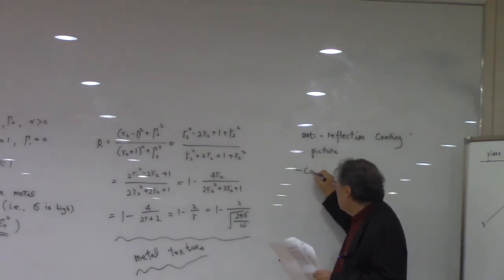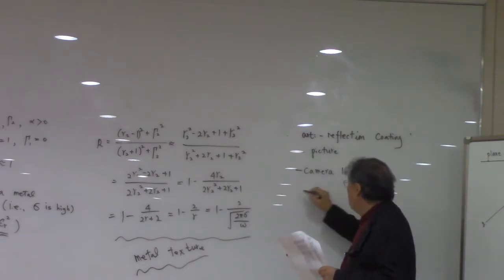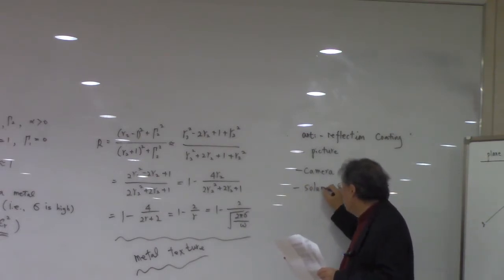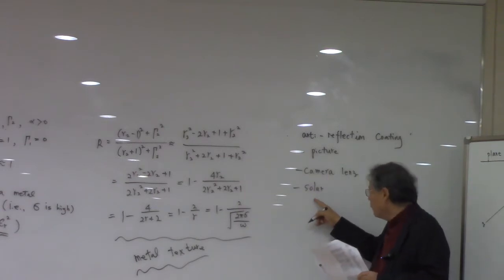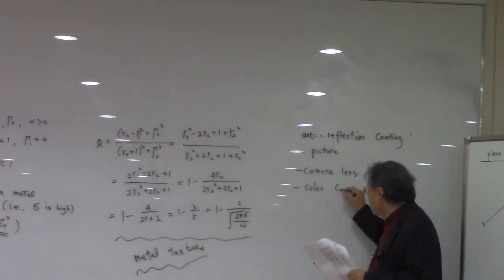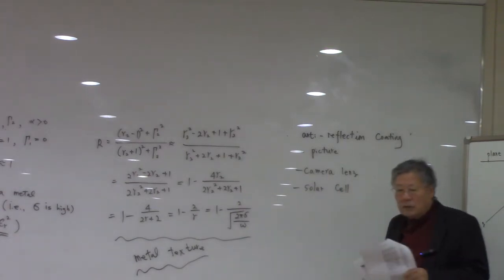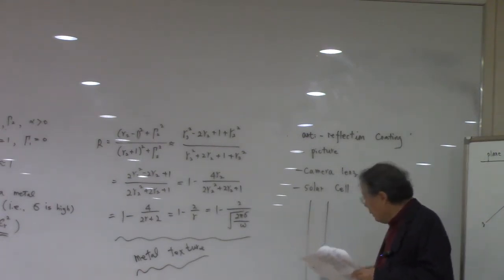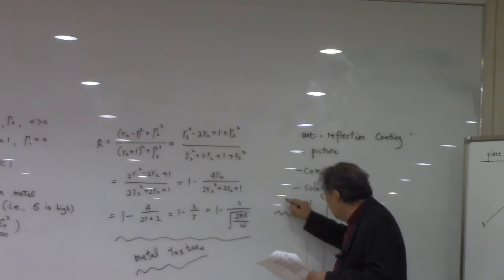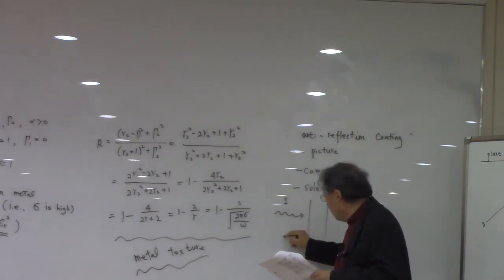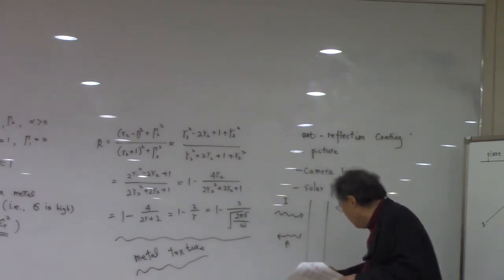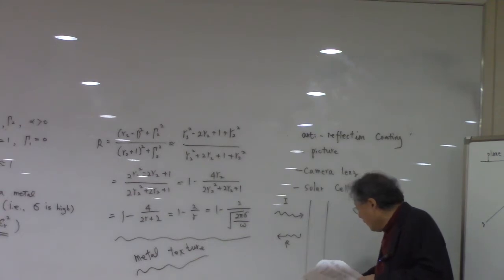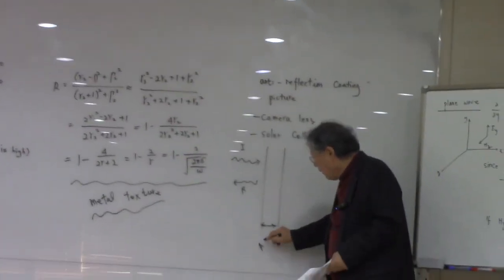And the camera lens, and especially industrially speaking, the solar cells, the anti-reflection coating is important. And the basic idea, it says here, we have an incident and a reflected beam here, and then this is the anti-reflection coating.